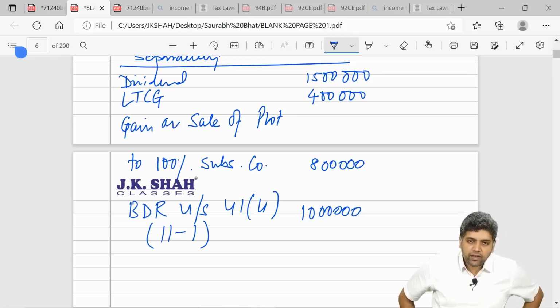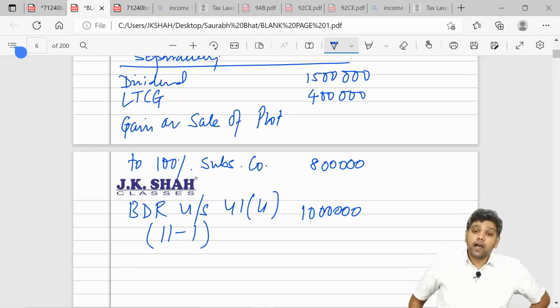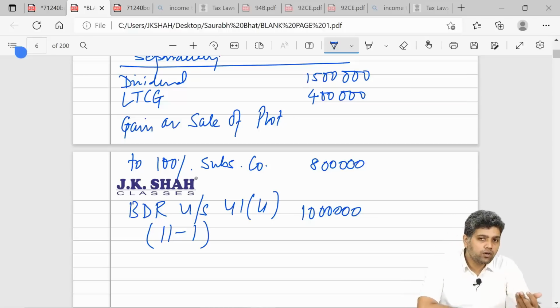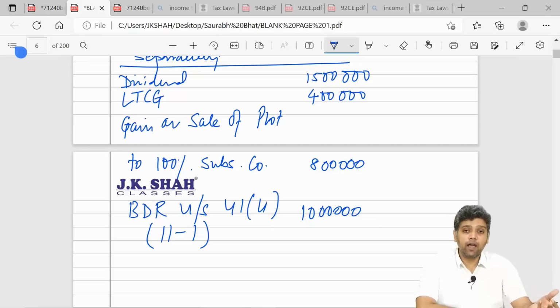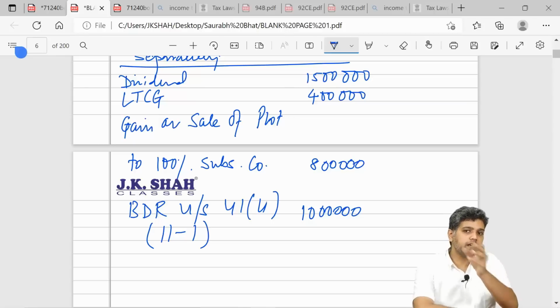See, as far as recovery of bad debt is concerned, I need to find out what is the unallowed portion. I had sold goods for how much? 22 lakhs. How much did I claim as bad debt? 12 lakhs. So how much is the unallowed or unclaimed portion? That is 10 lakhs. So whatever I recover would first be adjusted towards that unclaimed or unallowed portion, that is 10 lakhs. I recovered 11 lakhs.